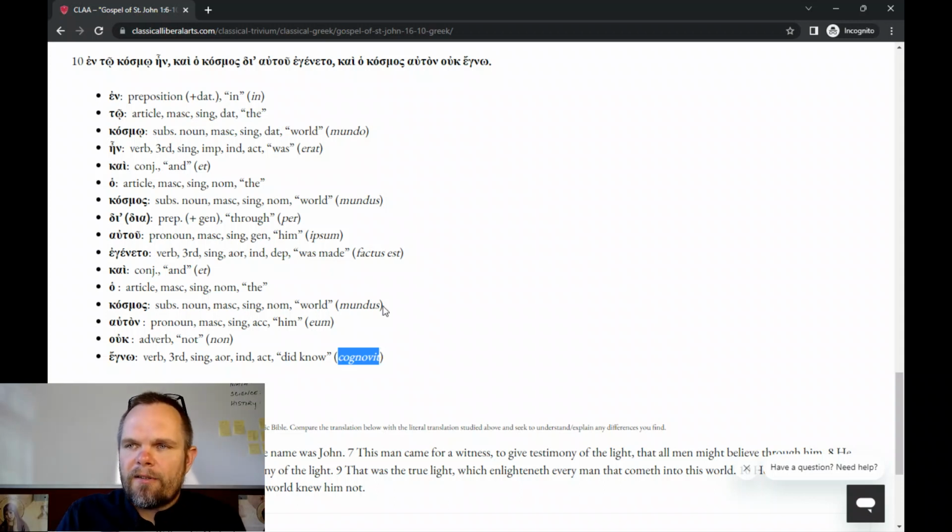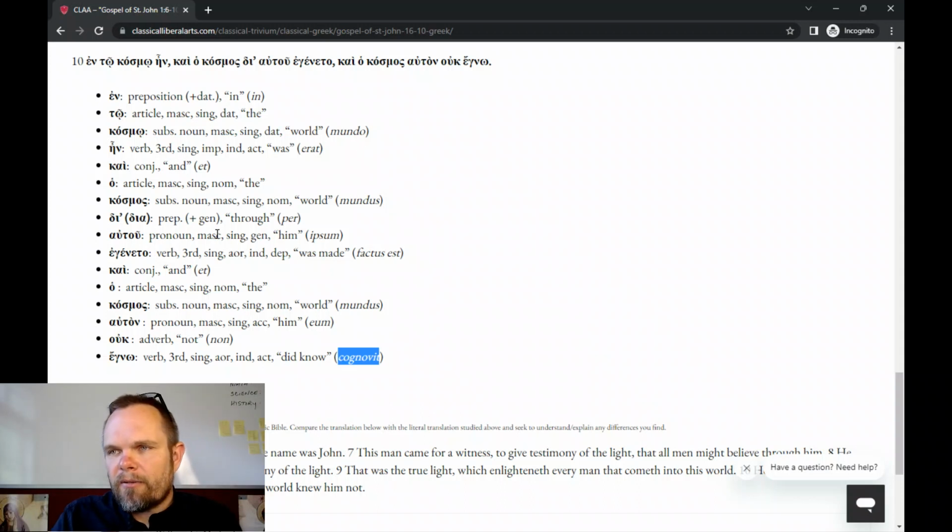So verse 10 to finish up here. En to kosmo en, kai ho kosmos di' autou egeneto, kai ho kosmos auton ouk egno. In the world he was, and the world through him is made, or was made. Kai ho kosmos, and the world auton ouk egno, him not did know.